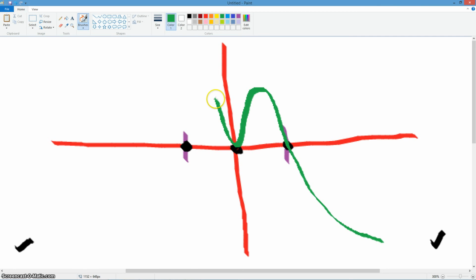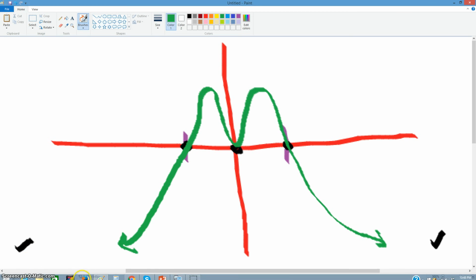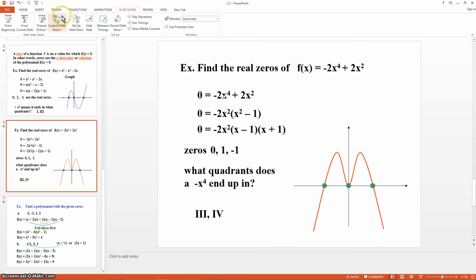Come back up, then back down, and go through this one because it's not a double root. And that is your graph. We started and ended in quadrants 3 and 4. You have to remember that about double roots, that they bounce off, they reflect.